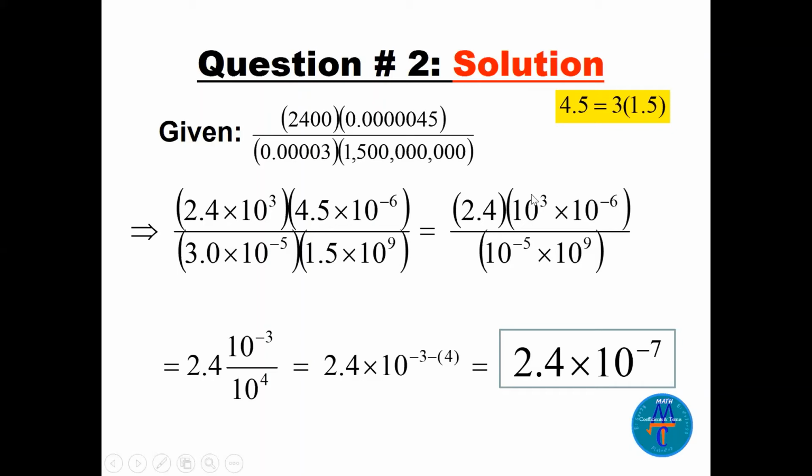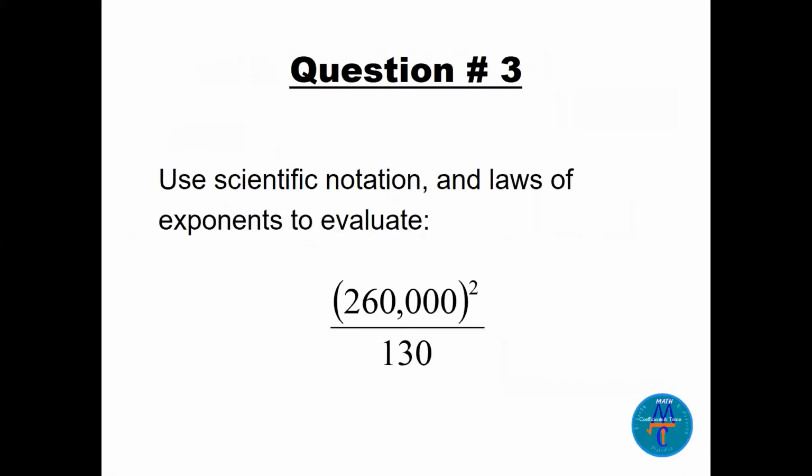When you add the powers on top, 3 minus 6 gives minus 3. At the bottom, minus 5 and 9 give 4. When you subtract, minus 3 minus 4 is minus 7. That's the answer: 2.4 times 10 to the power minus 7. Let's see another one.